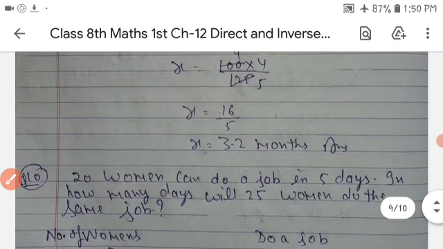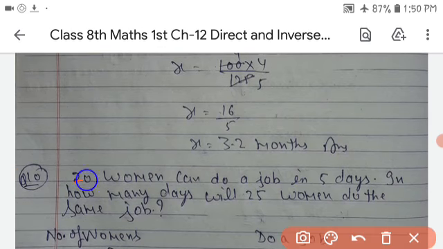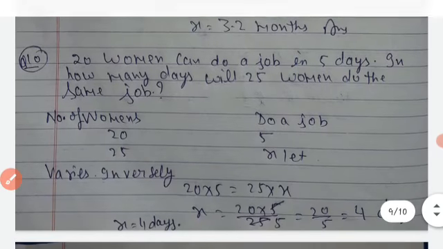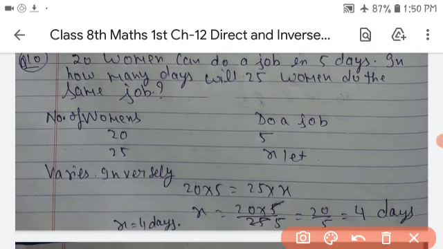Now the next question. 20 women can do a job in 5 days. In how many days can 25 women do the same job? Let 20 women do a job in 5 days. Suppose 25 women do the job in x days. This is also inversely proportional.